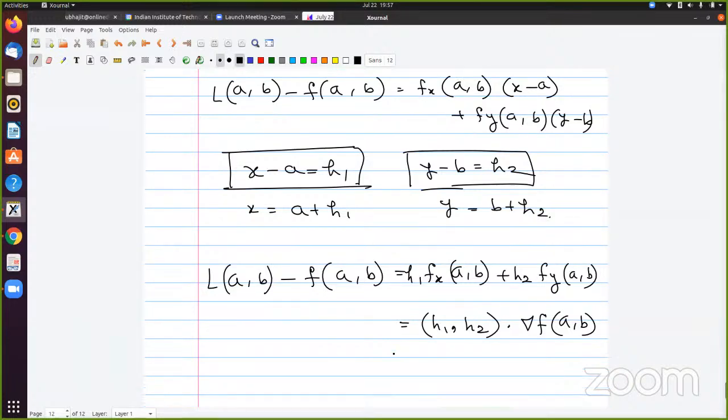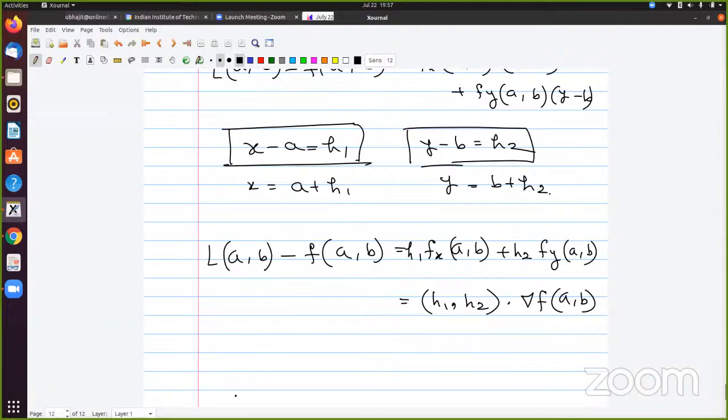Now if we want to define the derivative of the function, or the differentiability of the function at the point, what do we need? We need f of a plus h1, b plus h2 minus f of a, b minus this approximation, and this should be as close as possible to the function at that point.